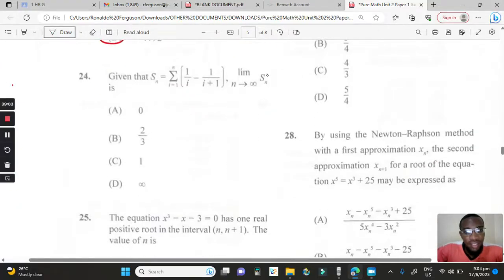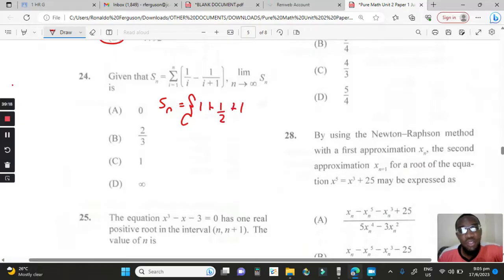Next part, given this right here, we need to evaluate the limit. The limit as n approaches infinity. First thing though, let's evaluate the sum. Sn would be, if you put in 1 over i, 1 plus 1 over 2 plus 1 over 3 plus 1 over 4, all the way up to 1 over n.